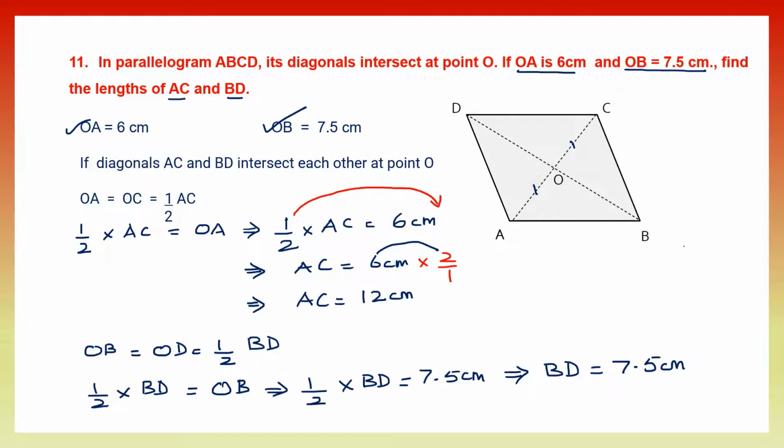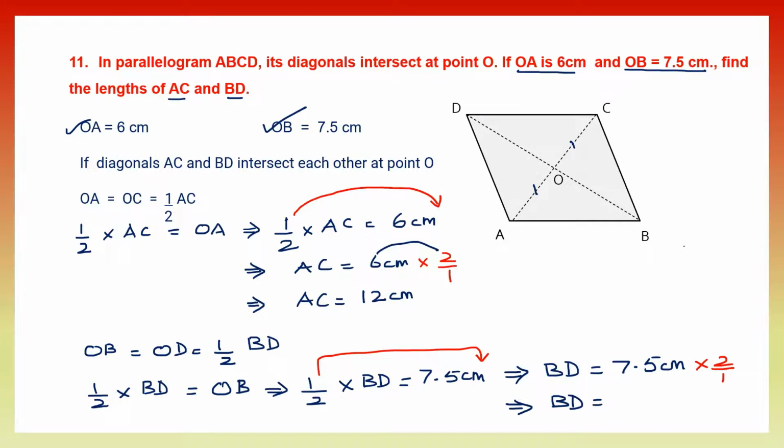Now I'm going to transpose 1 by 2, which is multiplication, to the right hand side. It becomes division. So when it becomes division, this fraction 1 by 2 becomes 2 by 1. So now to find BD, I need to multiply 7.5 into 2. So let's do that.